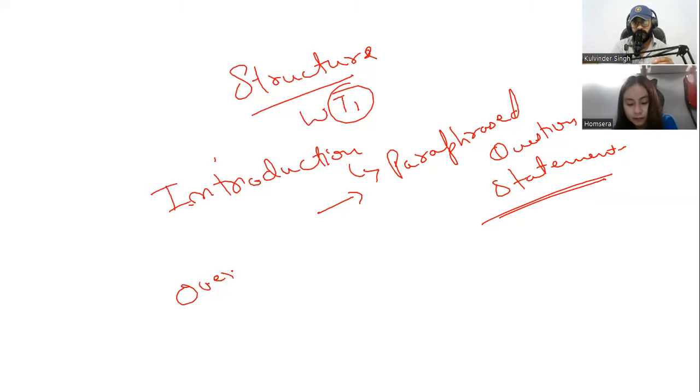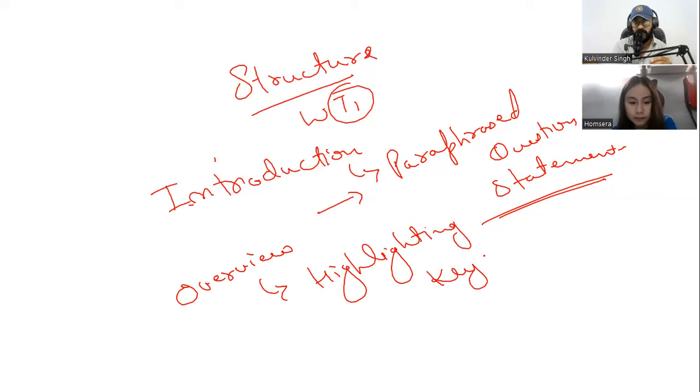Then comes the overview. The overview is also known as the highlighting feature or highlighting key. This highlighting key presents the data in a format that you read first. Let's say you want to read a book, and the first thing you read about the book is the overview or the reviews given online, and then you go and buy the book.